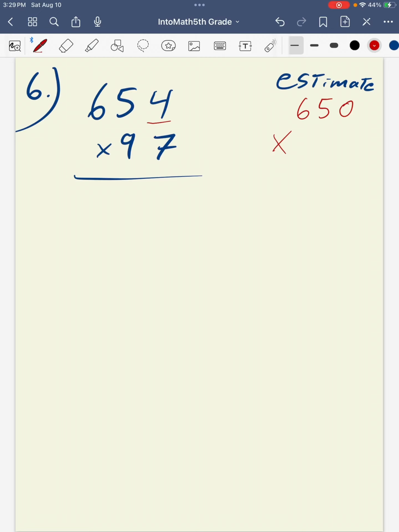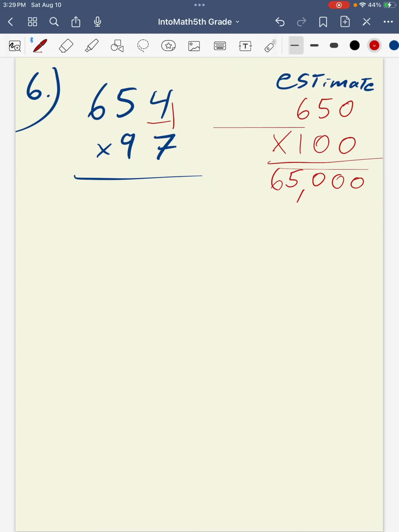We're then going to round 97 up to the nearest 10, which changes it to 100. As I'm doing this, I count up my zeros. I have 3 zeros, and then I have 1 times 65 for 65,000. We approximate that our answer will be about 65,000.